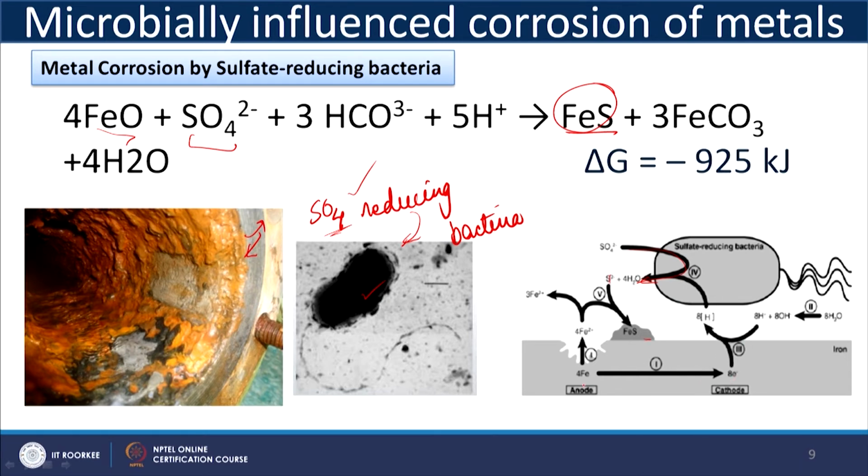So, we have anode and cathode, and then the Fe2+ is converting into FeS, some of it is just escaping into the water, and here we have a corrosion of the metal iron. And because of this corrosion, hydrogen is released, nascent hydrogen, which encourages the reduction of sulfate by sulfate reducing bacteria.